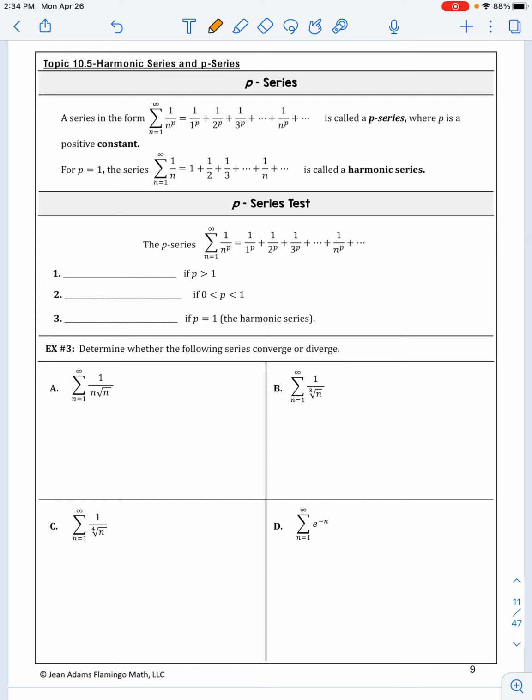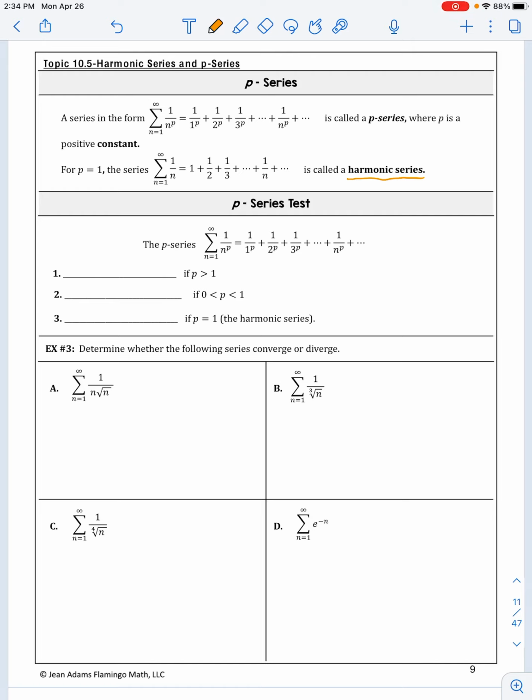Okay, back to 10.2. If P is 1 in the P series, it's called a harmonic series, and that's the one that diverges.